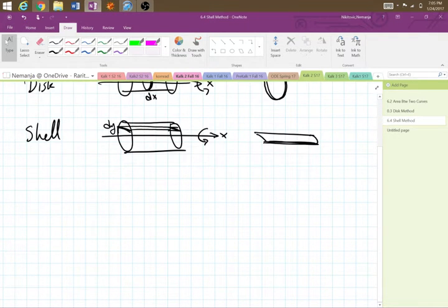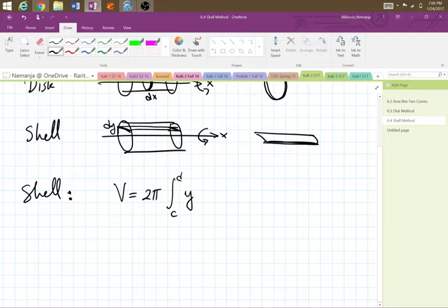So now, the shell method has a formula, which I'm going to modify actually a little bit. Your textbook has, well, I'll give you the textbook first. So V, volume, is equal to 2 pi integral from c to d of y times f of y dy.